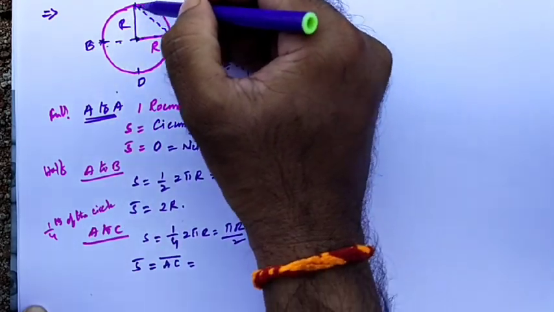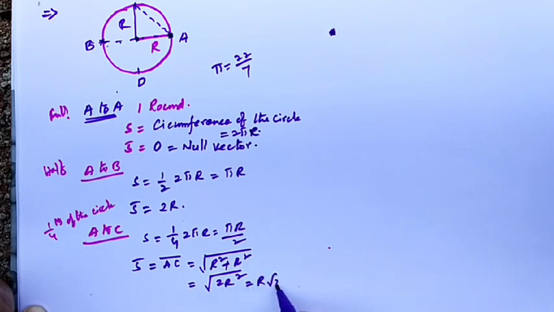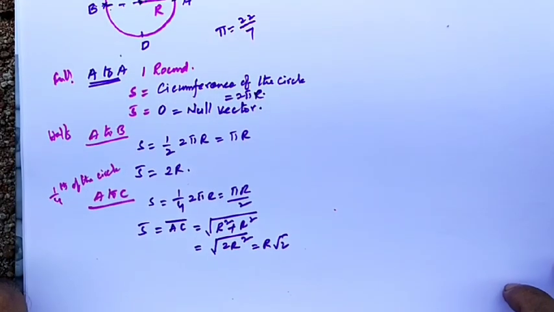The length of the hypotenuse is the square root of r square plus r square, that is root over 2 r square, which can be written as r root 2. So the displacement in this case is r root 2. Got my point or not?